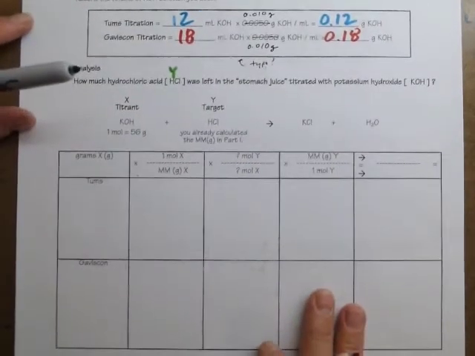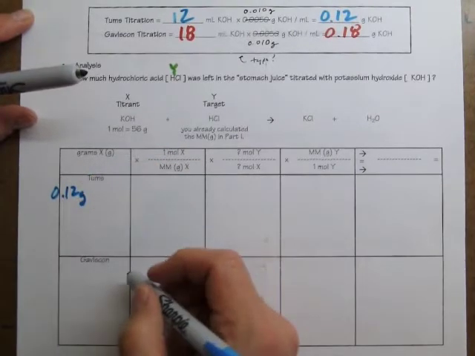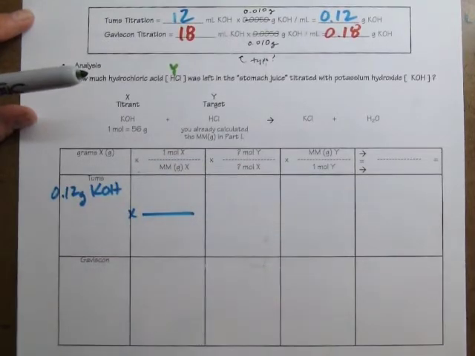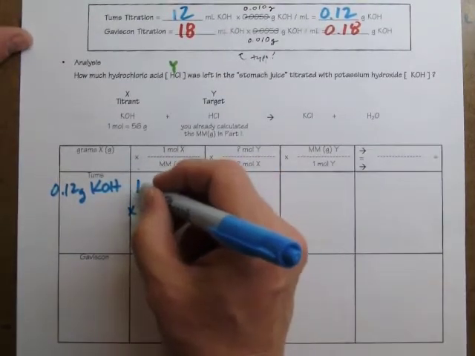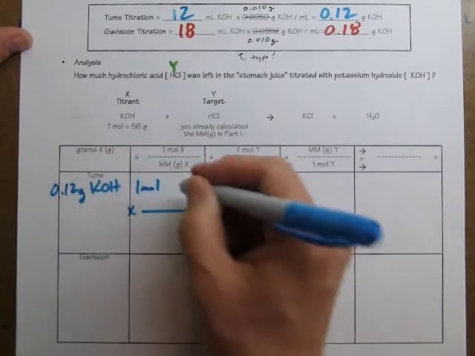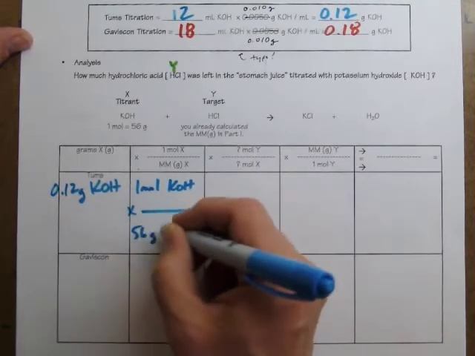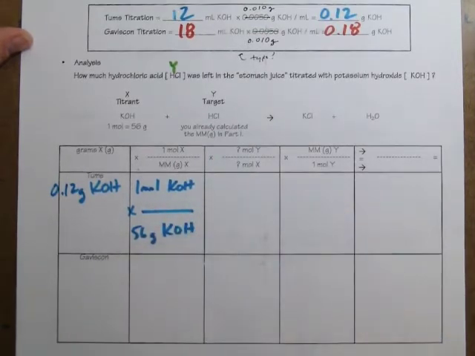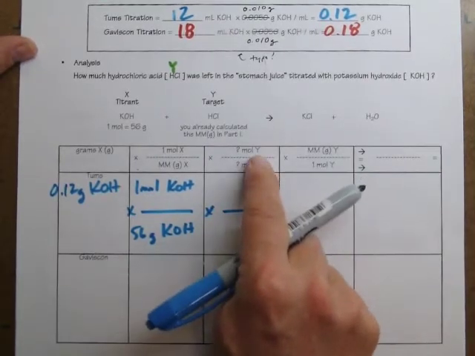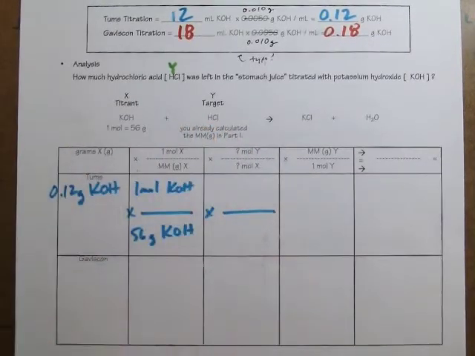So for Tums, it took 0.12 grams of potassium hydroxide. And I'm going to multiply by 1 mole of potassium hydroxide, and here's its molar mass. So I'll put that on the bottom, 56 grams of potassium hydroxide. And then I'll multiply by, the Y substance is hydrochloric acid, and in our balanced reaction equation there's 1 hydrochloric acid.